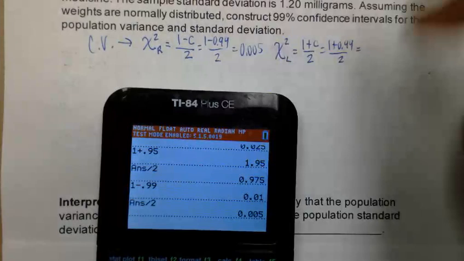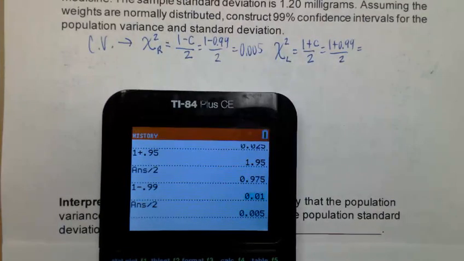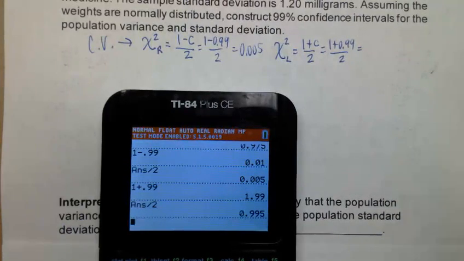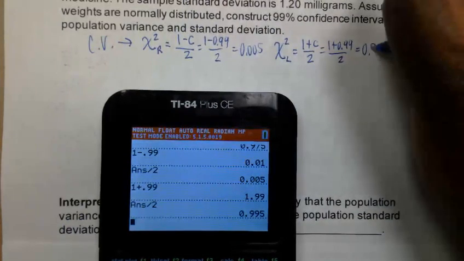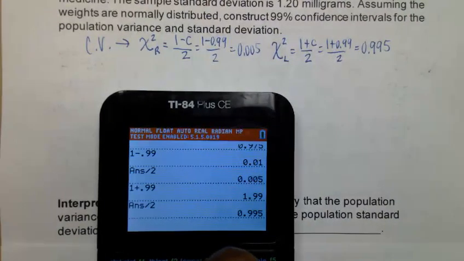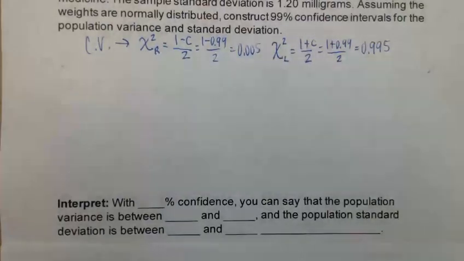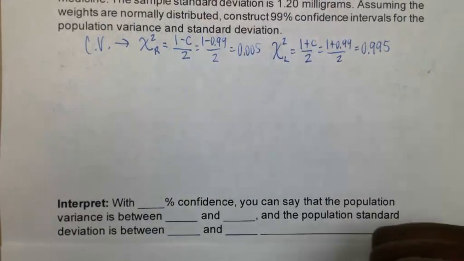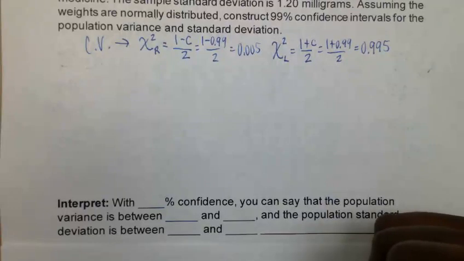That gives 0.005 and 0.995. If you notice, they will be opposite.